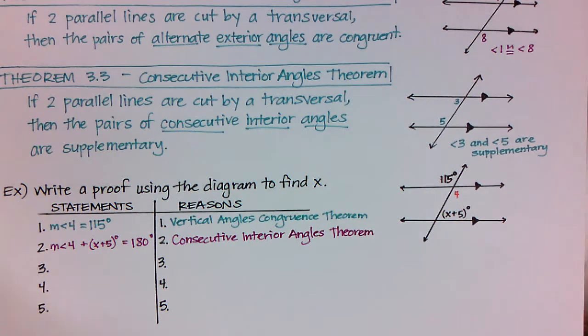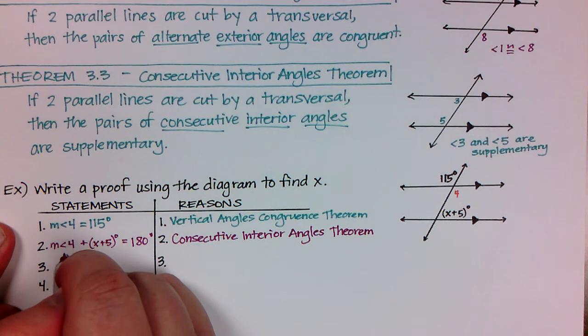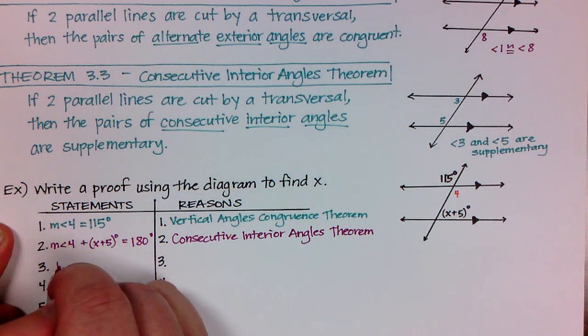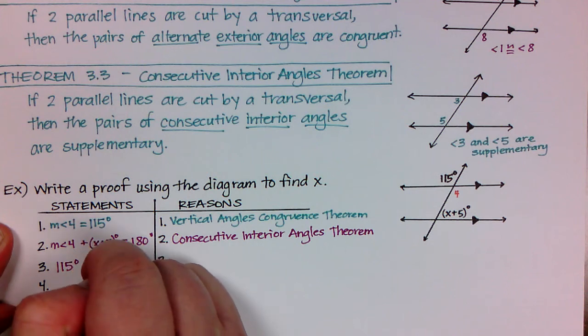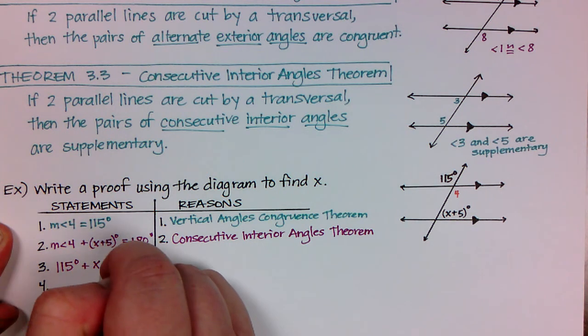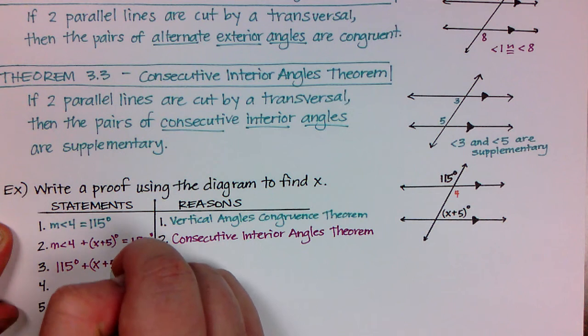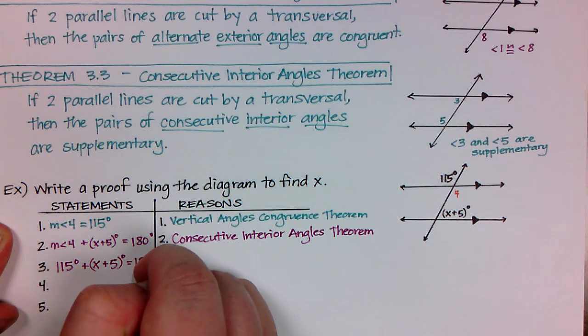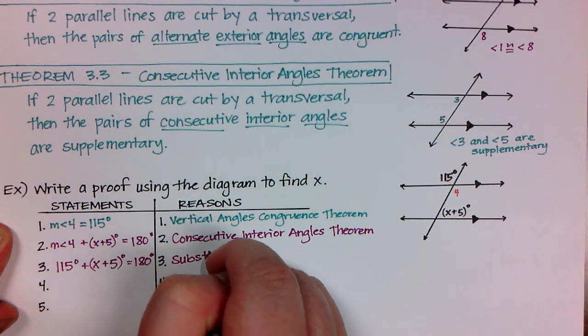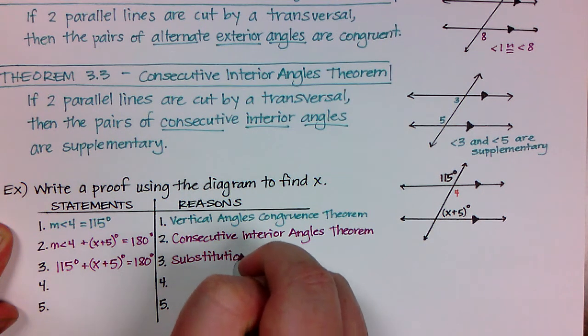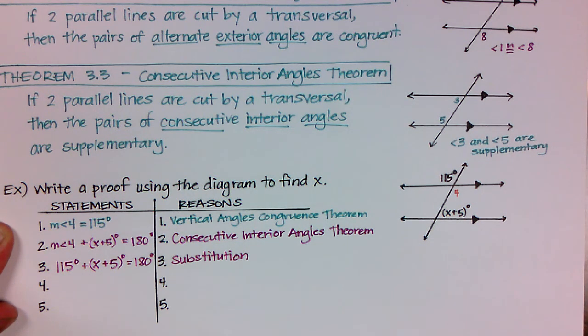Okay. So if I know that, why don't I do some substitution? I know that the measure of angle 4 is 115 degrees. So I'm just going to substitute that in there. And my reason is substitution. Okay.